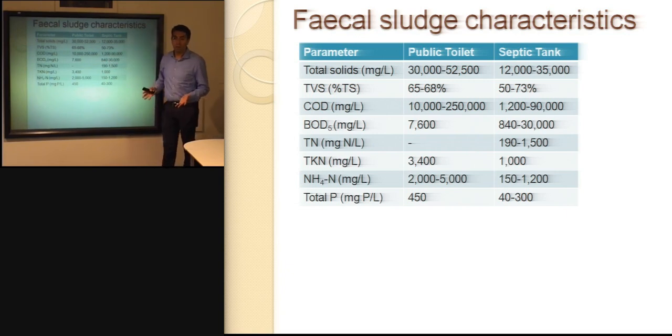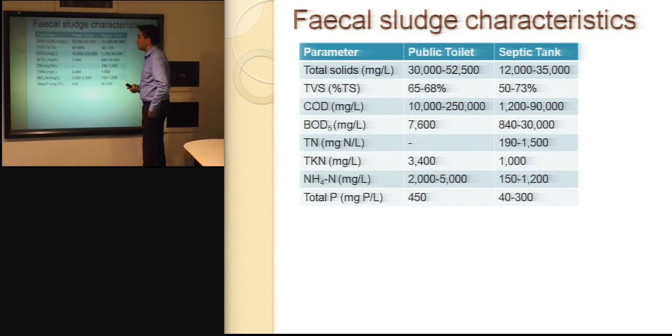The BOD5, which provides information about how biodegradable these organics are, based on limited literature, can be a bit more than 7,000 milligrams per liter in fresh public toilet sludge.